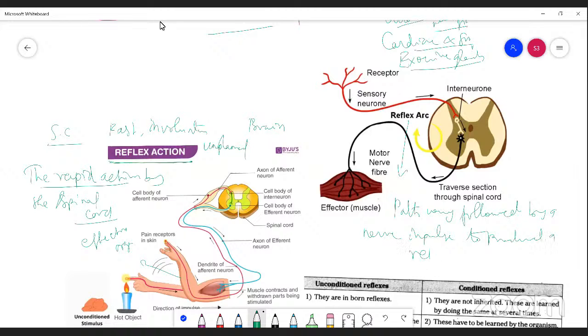Do you understand? The reflex action is carried through a path, and that path is known as the reflex arc.